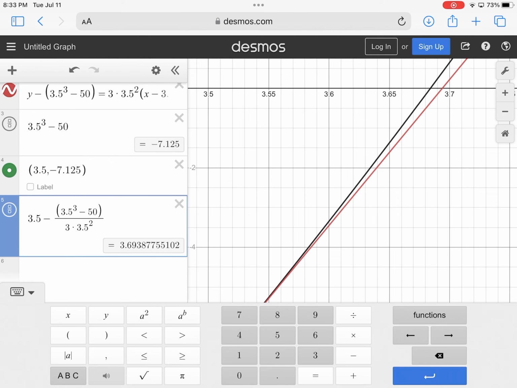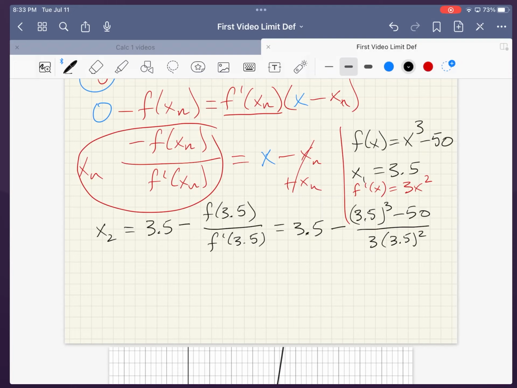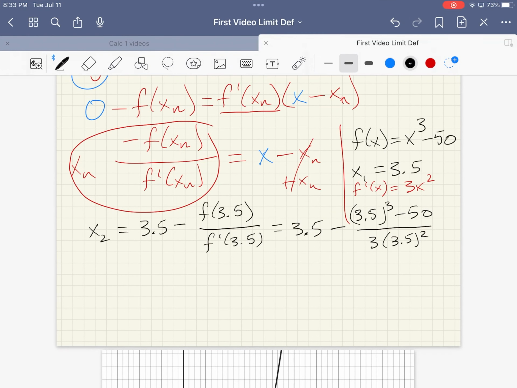And we get 3.6939. So x sub 2, we'll write it here, is approximately 3.6939.